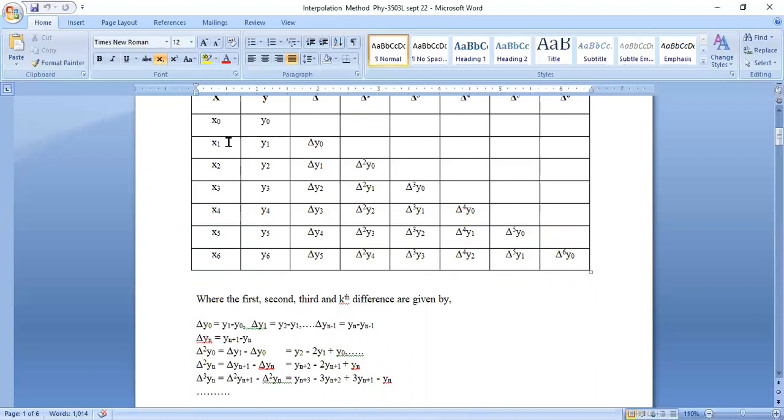And if xk is lying at the end of the table, that is the x column, then you use the backward formula.